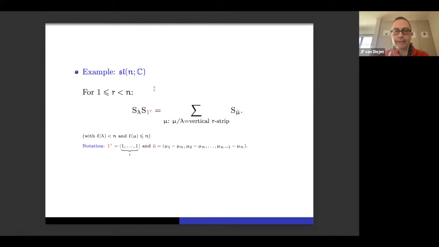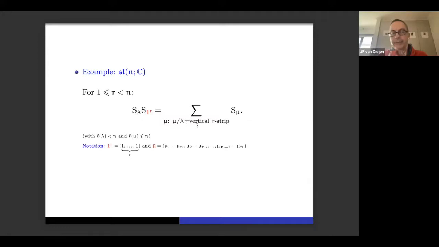Well, then the fundamental weights and the dominant weights are usually written in terms of partitions, and the fundamental weights correspond to partitions with a single row, so 1^R. And then this rule tells you that if you take the tensor product, then all partitions that appear in the decomposition differ from the original partition lambda by a vertical R strip.